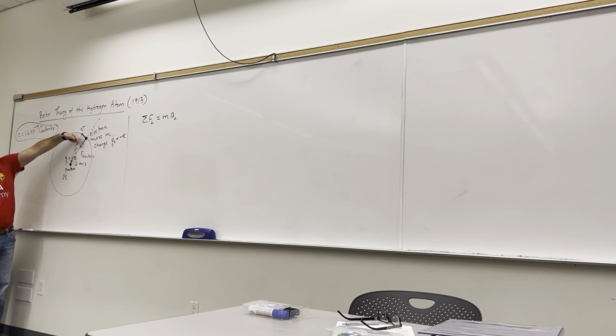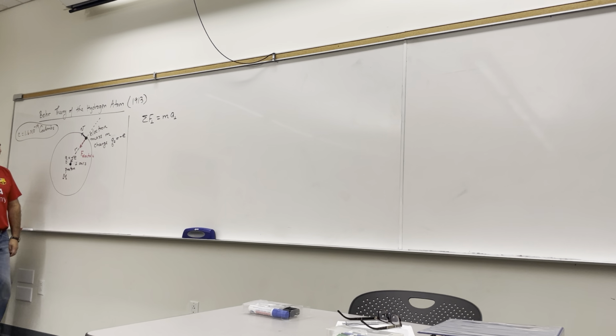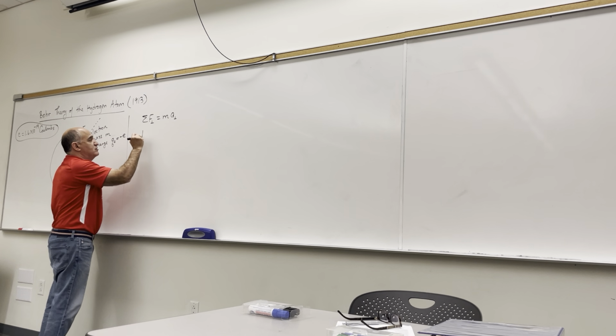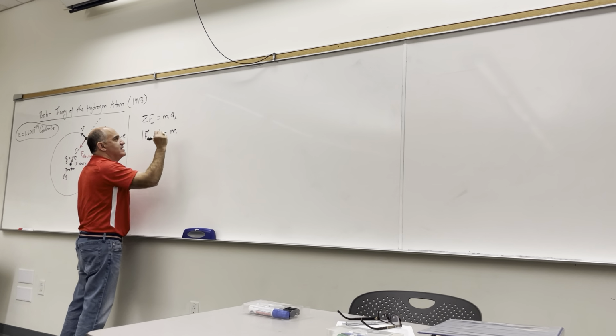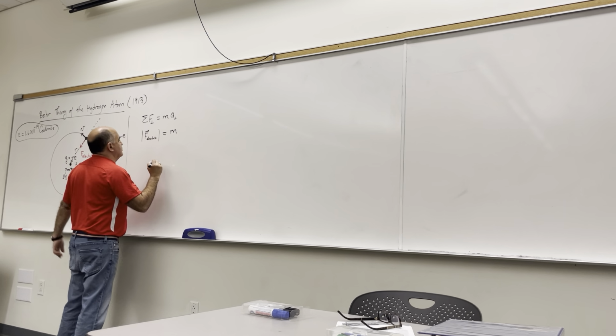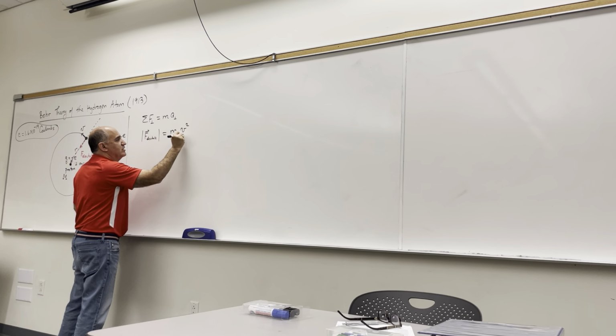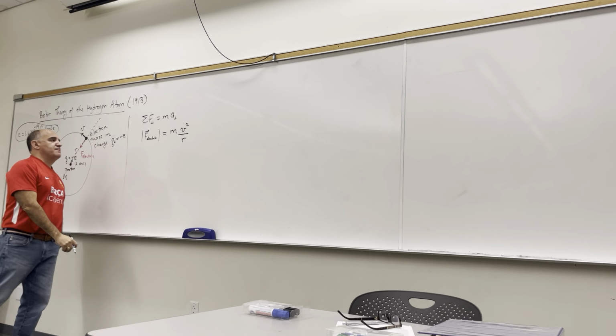So you don't have an angle like a theta, so you don't have to say F cosine theta, F sine theta. It's just directed along the centripetal axis. So it is just the magnitude of that electrical force, and that's the mass of the electron. And then the centripetal acceleration of the particle is the speed squared divided by the radius of the circular orbit.